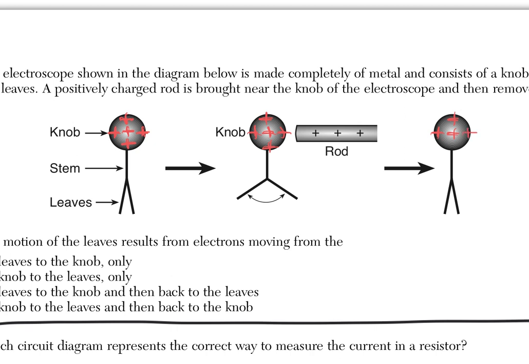Positives, 1, 2, 3, 4, 5 in the head. And let's make some in the stem, and we'll put some in the leaves, one on each leaf. That leaves us with 1, 2, 3, 4, 5, 6, 7, 8 positive charges. And if I draw 8 positives, I'm going to need to draw 8 negatives as well, evenly distributed to start.